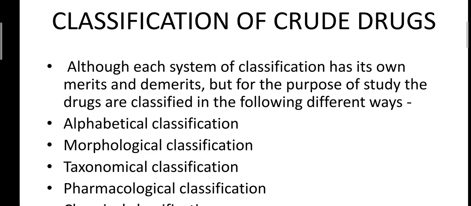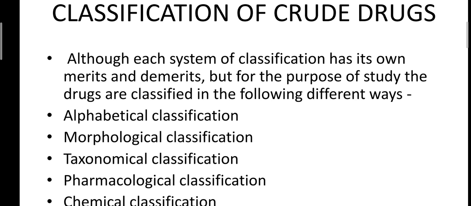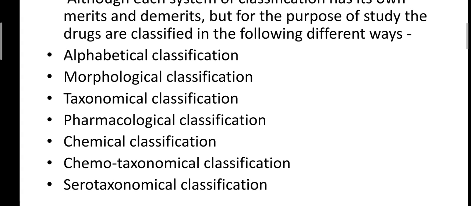Second, classification of crude drugs. Although each system of classification has its own merits and demerits, that means there are different systems, every system having advantages and disadvantages also. But for the purpose of study, the drugs are classified in different ways. There are seven classifications.